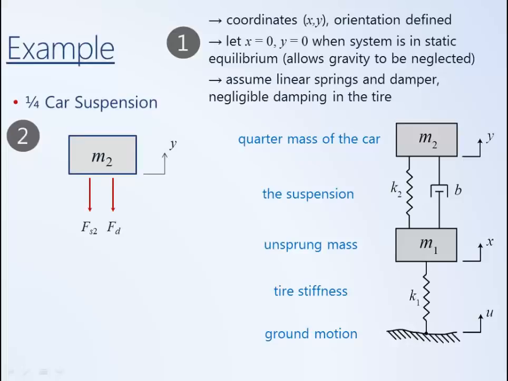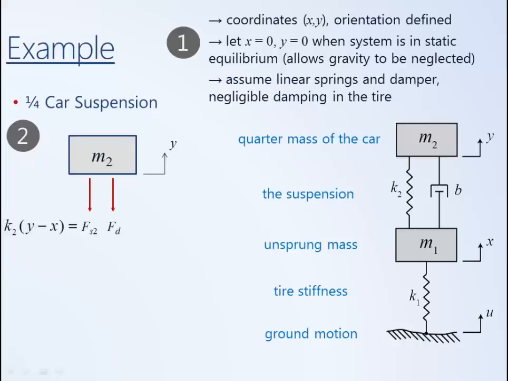We can then express these forces using the linear models that we learned previously. Specifically, the force generated by the spring is linearly proportional to the deformation. Since this spring can move on both ends, its deformation is going to be the difference between the motion of its top point and its bottom point.